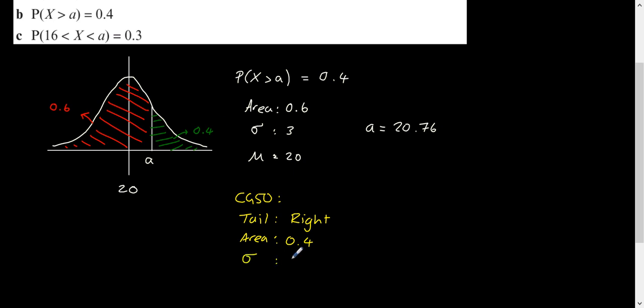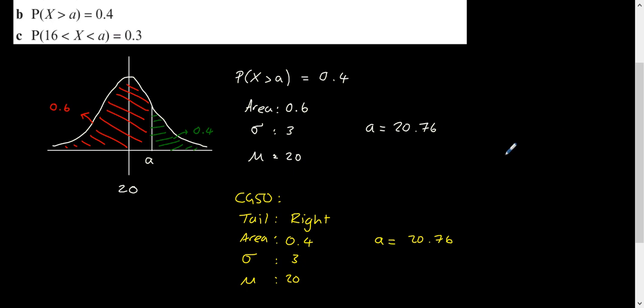Sigma 3, mu 20, and we'll find the same a value, which I've just confirmed, 20.76. So it does depend on your calculator, but it's obviously very doable. Okay, just remember, if you're using the class whiz, you're always working with the area to the left, and you have to remember that. You have to remember that, and that's where the sketch really comes into its own.